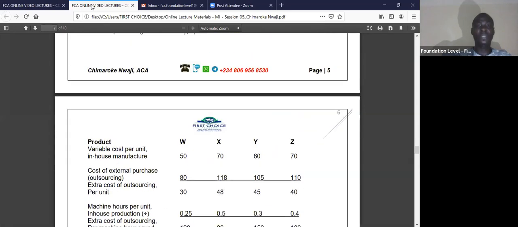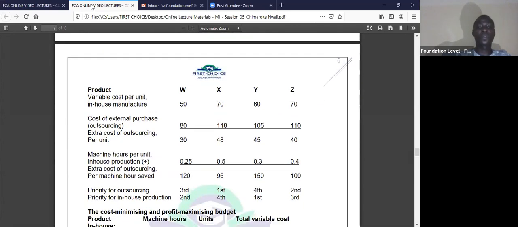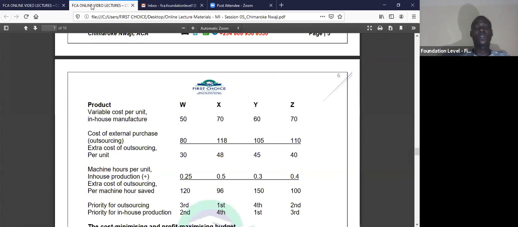Now, the first thing to do is to find a way to get a ranking. Look at the products W, X, Y, Z. Making it in-house, the variable costs, we have 50, 70, 60, and 70. Fine. Look at the cost of buying them from that subcontractor. They are all listed here. We find out that the subcontractor costs are higher.